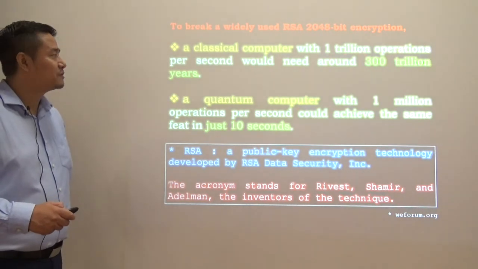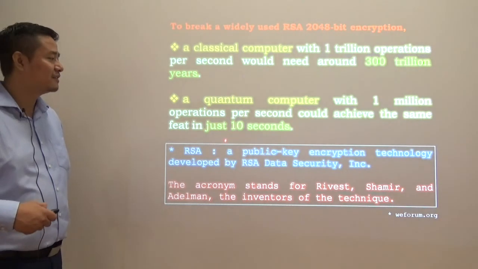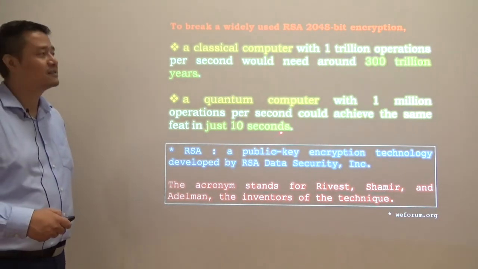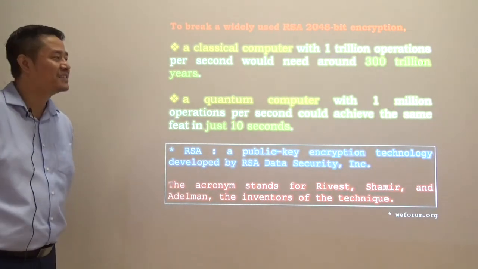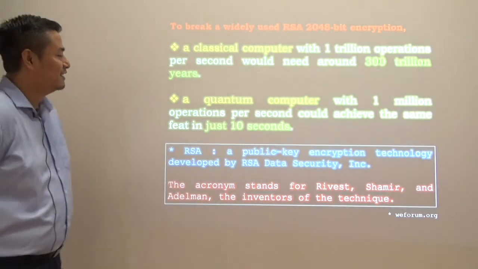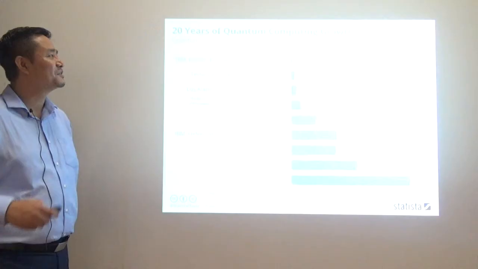The classical computer does 1 trillion operations per second but takes 300 trillion years, while the quantum computer does 1 million operations per second but completes in 10 seconds. This is an estimation. That is the difference between a quantum computer and a classical computer.